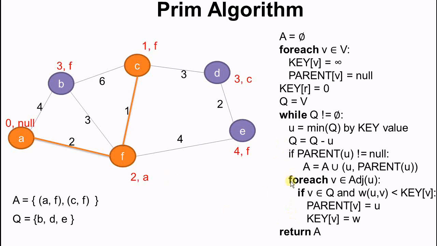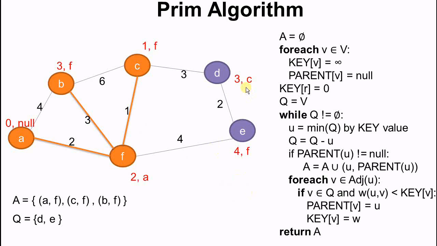The fourth loop. The vertex in Q with the smallest key is either B or D. Let's choose B, and we remove B from Q and add BF into A. Since B doesn't have a neighbor that belongs to Q, there's no neighbor that needs to be updated.